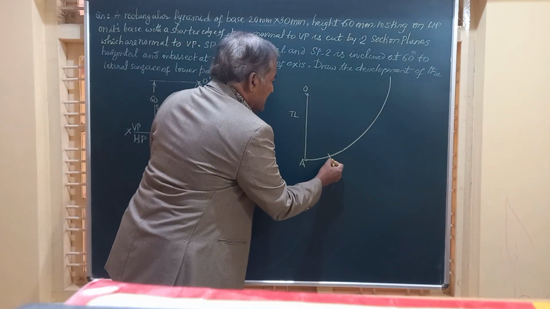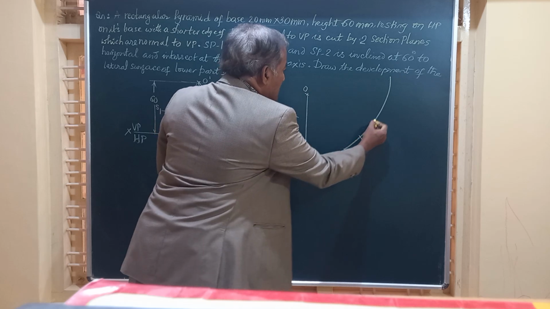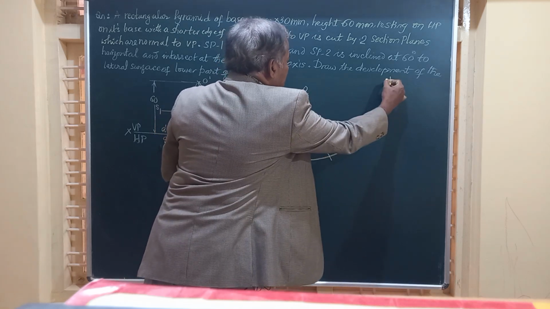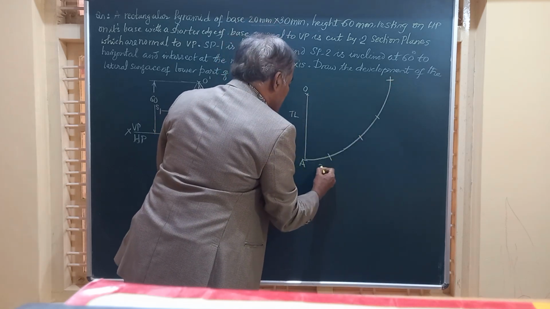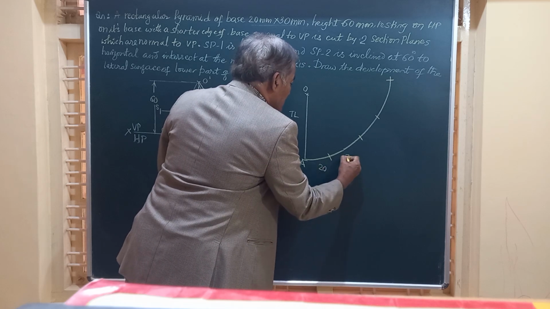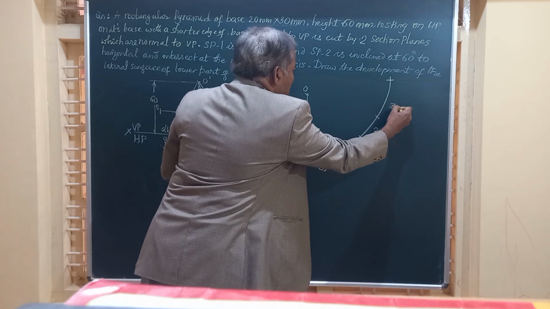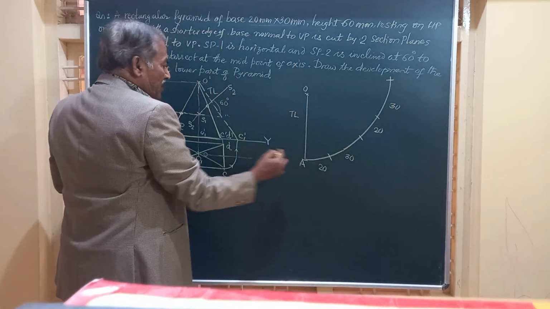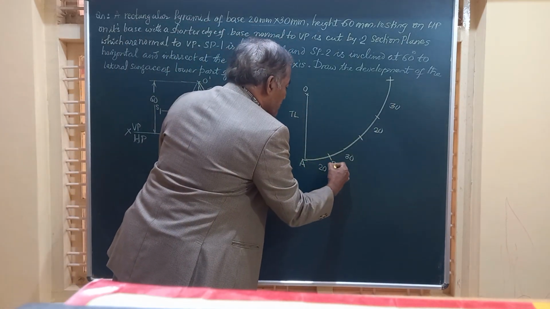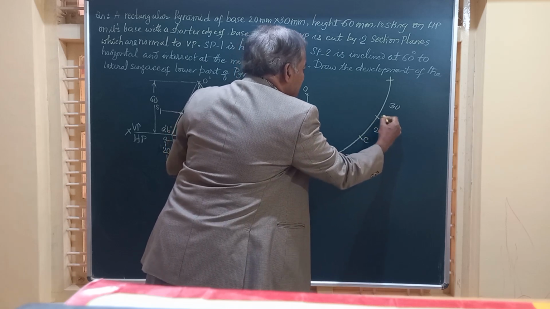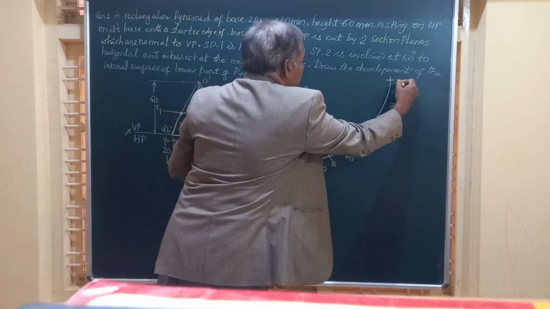I will take 20, again 30, again 20, and again 30. So these distances are 20 mm, 30, 20, and 30. So this point is going to be B, this is C, point D, and point E.